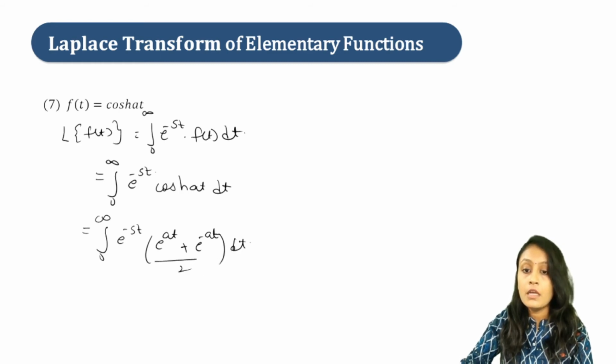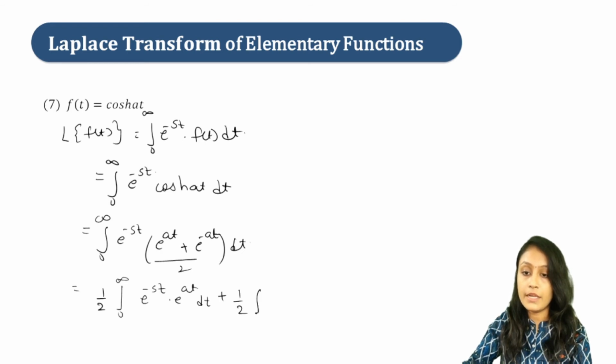So we have to simplify this and then integrate it. Take this 1 by 2 outside. Here integration 0 to infinite e raised to minus st into e raised to at dt plus 1 by 2 integration 0 to infinite e raised to minus st e raised to minus at dt.